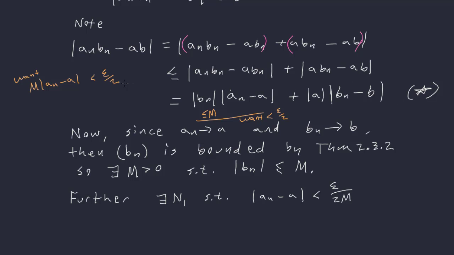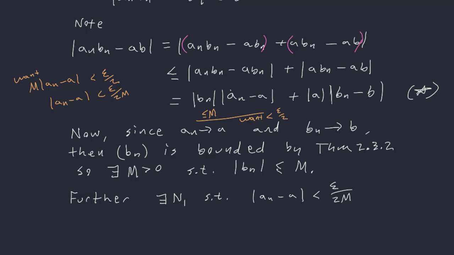So I just move the M over, and we have it. That's where this comes from. And I know I can do this because we have convergence, and that means I can make this as small as I want. All right, we're good to go there.